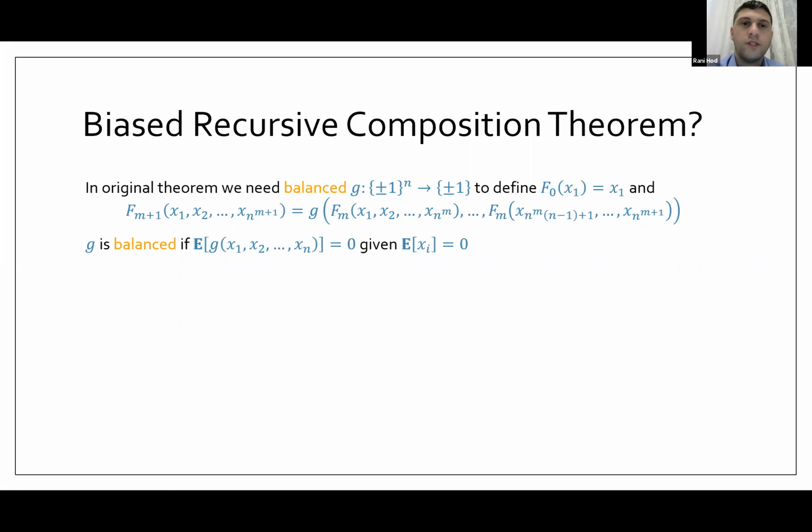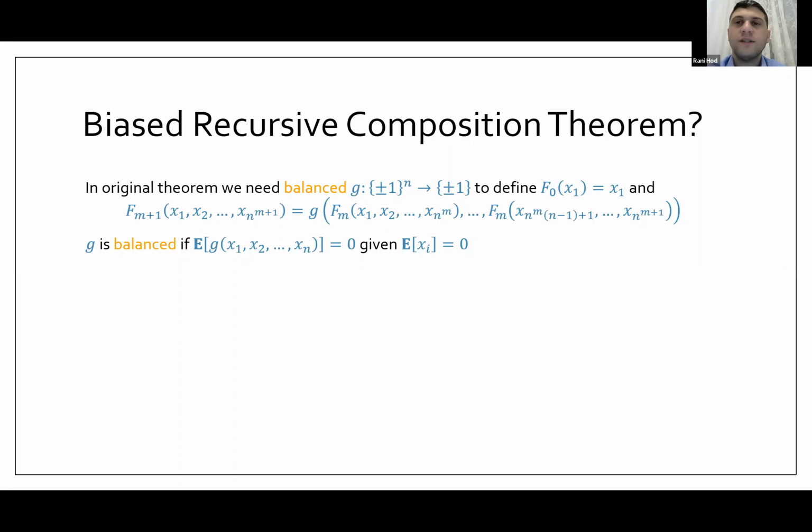This one would already have n squared input variables, and so on. And the important thing here is that we need g to be balanced. Otherwise, if we continue doing this, the function would become very unbalanced, and we don't want that. We want the function to be balanced, meaning that if we start with f0 that is balanced, then f1 is balanced, f2 is balanced, each function is balanced.